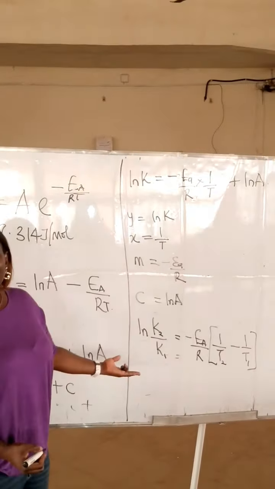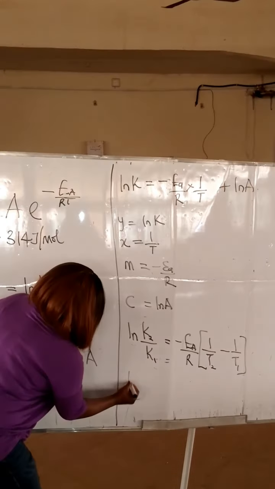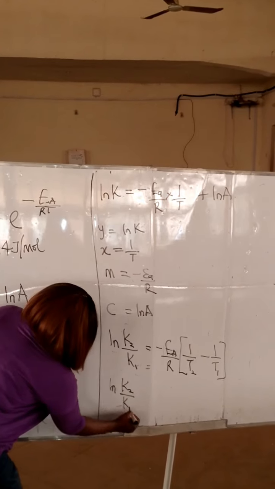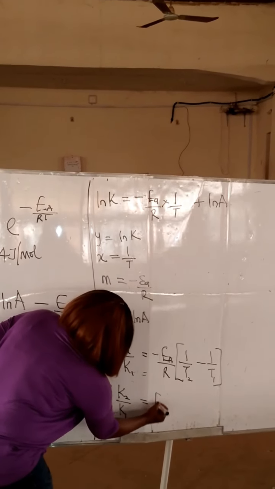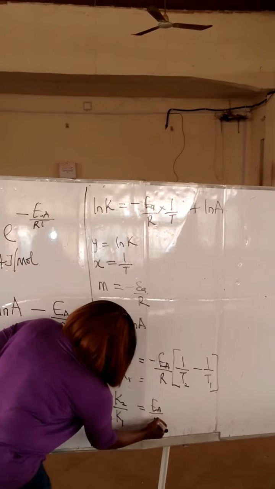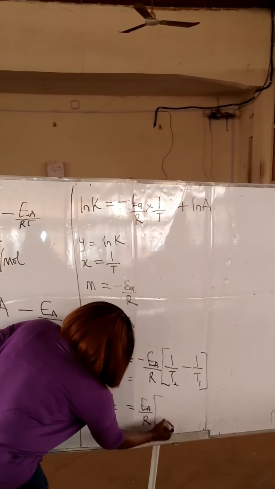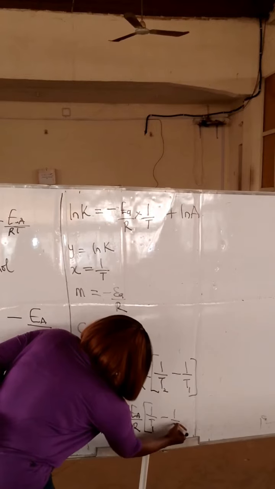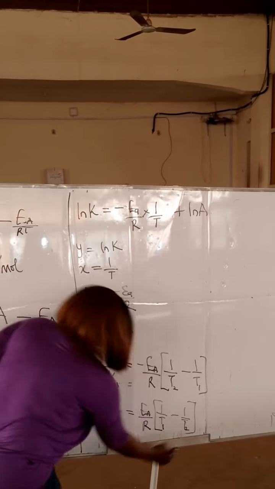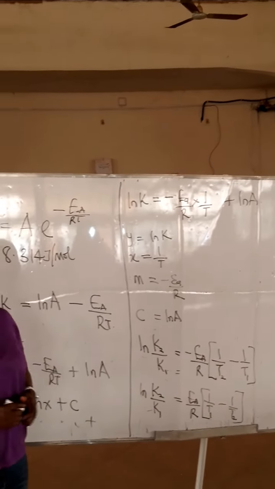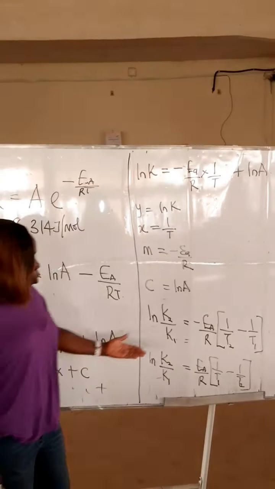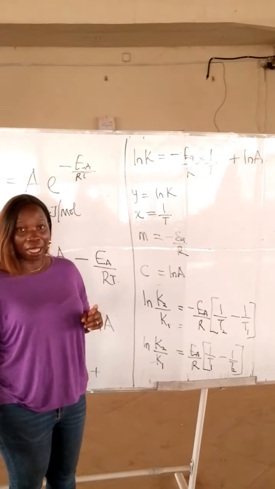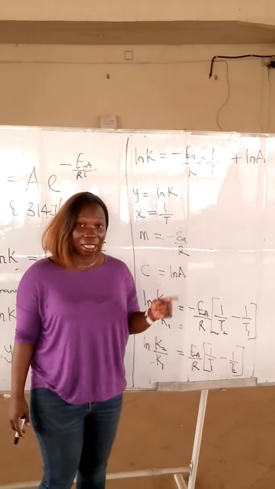It can also be rearranged as ln k2 over k1 equals Ea over R times 1 over T1 minus 1 over T2. Some of us may get confused. Why is the minus sign not there? Remember that the temperature increases.